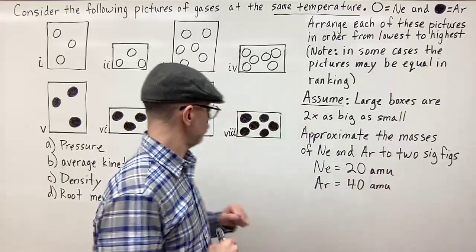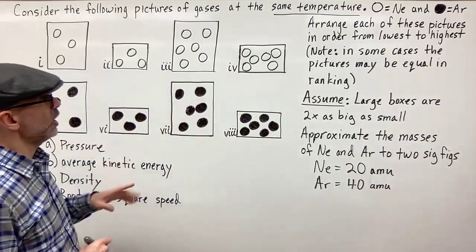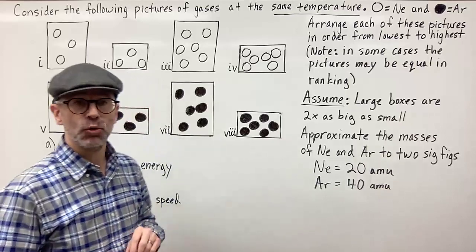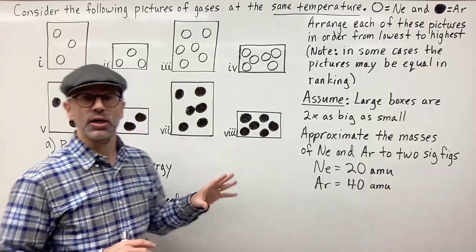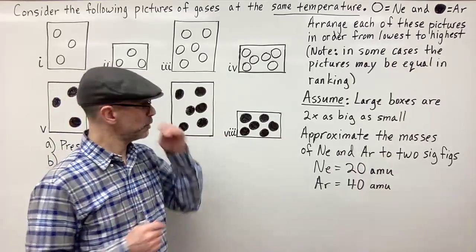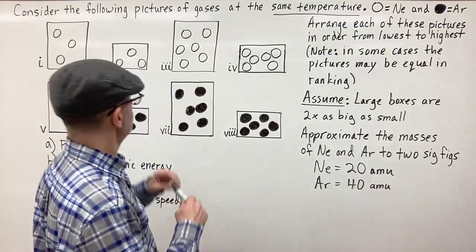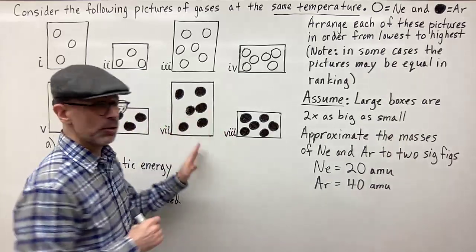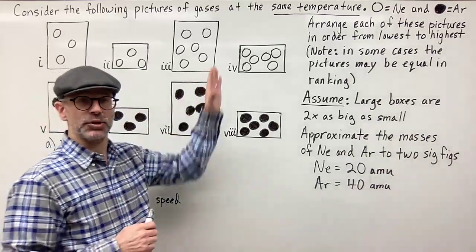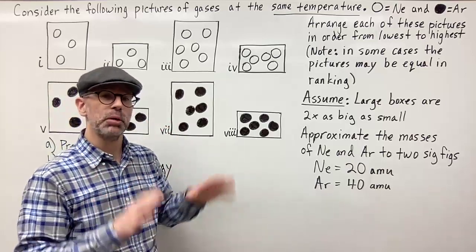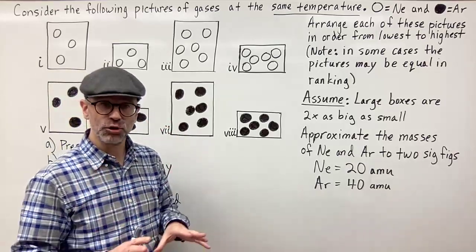So they want us to do pressure. So pressure, notice that this is at constant, same temperature. So if they're all at the same temperature, then they're going to move around at the same speed pretty much. Well, not the same speed, but the same average kinetic energy. So remember, pressure in this case, if temperature is the same, then pressure does not depend on the kind of particle you have.